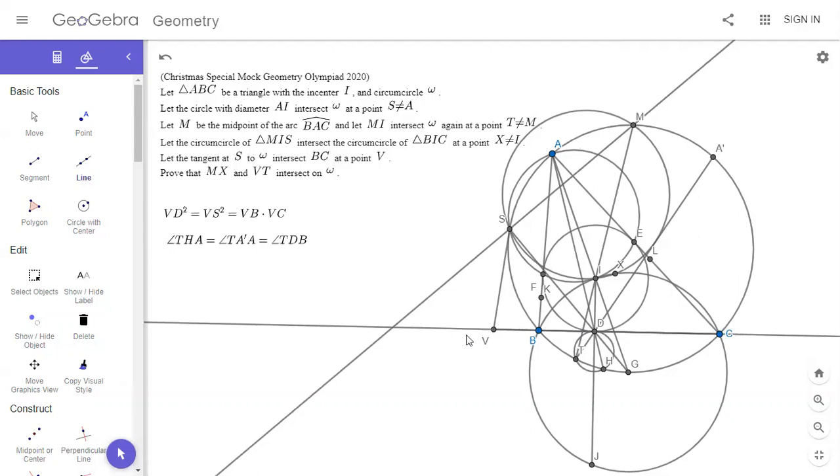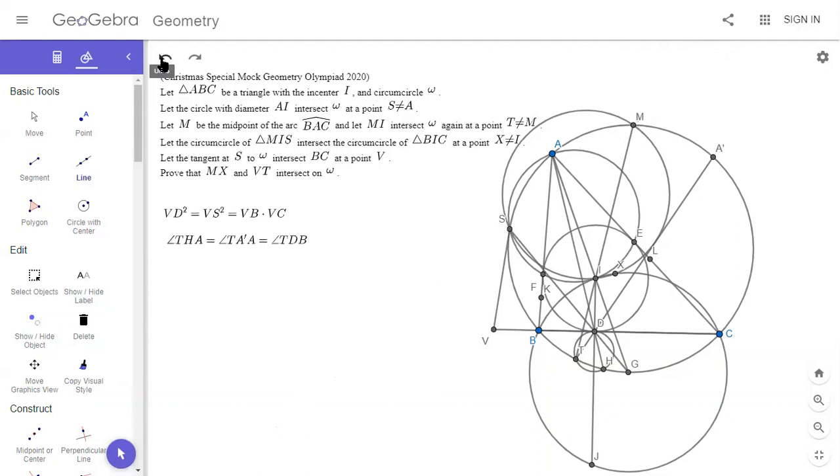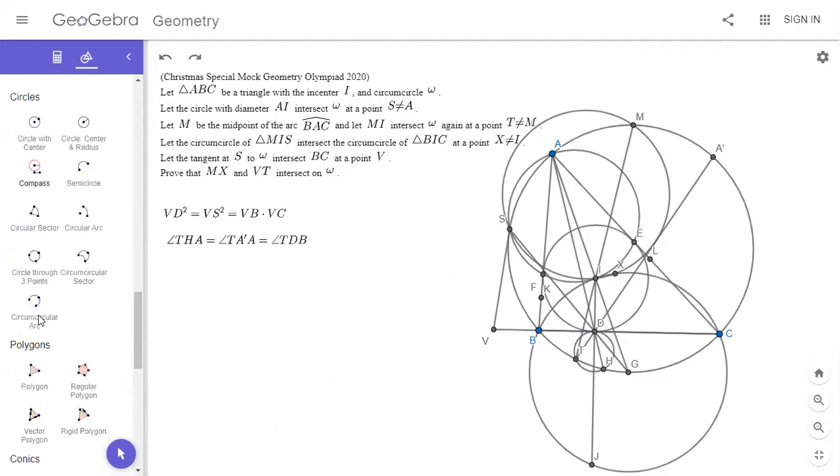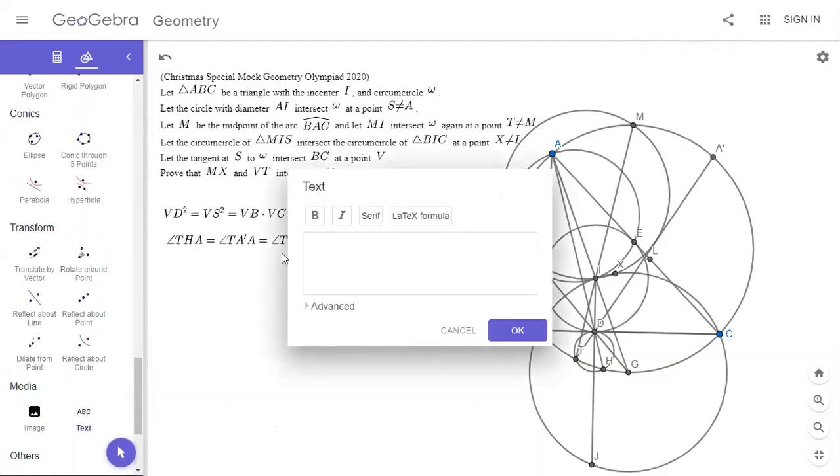Yeah, it's obvious. I'm just going to write this out for the viewers. So we have angle MSG is 90. That's clear since MG is the diameter.